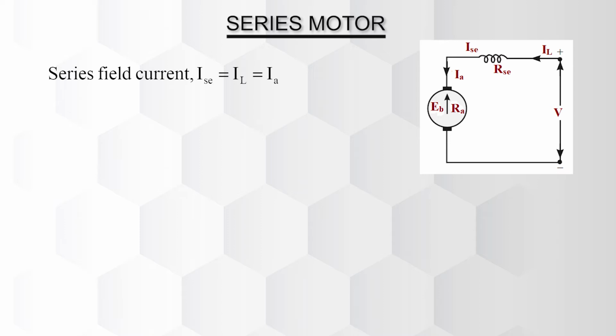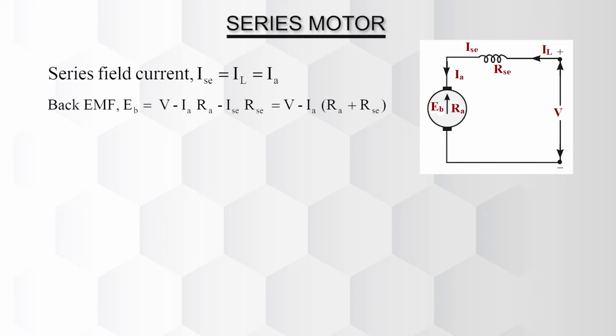And the applied voltage is what? That is V. Now if you want to write the expression for the back EMF, this can be written as EB equal to V minus IA RA minus ISE into RSE. Here you can notice that the armature current is equal to the ISE current, so you can replace ISE with IA.